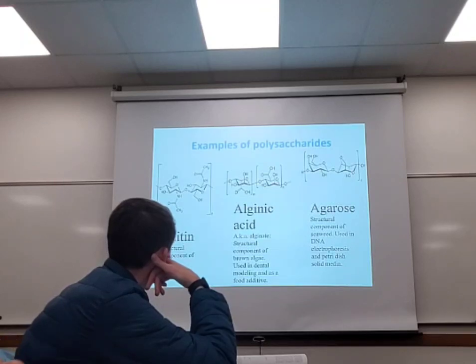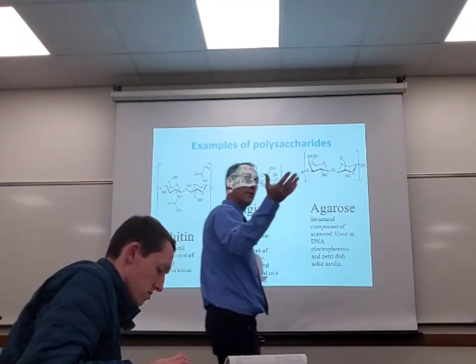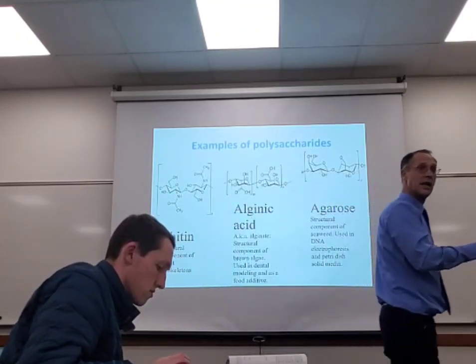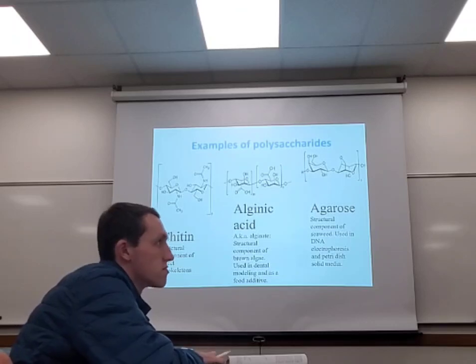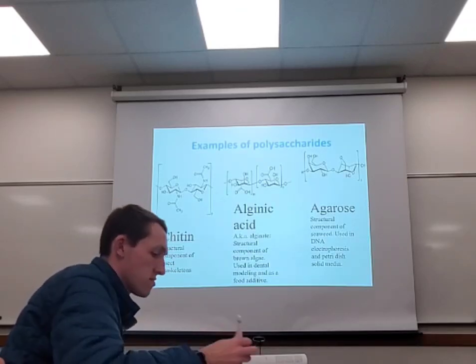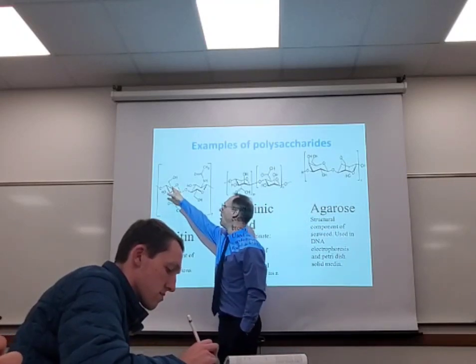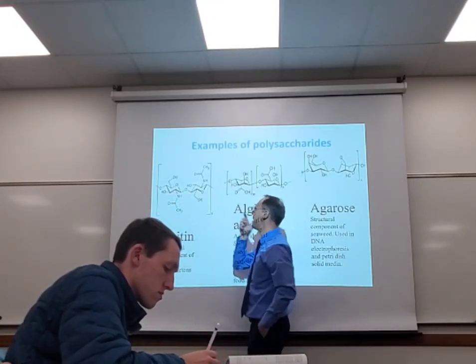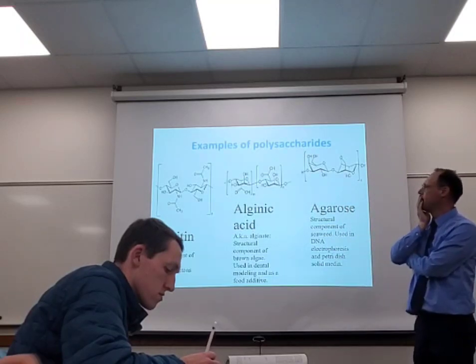It's like lobsters. It's the external exoskeleton of lobsters or crabs or also bugs, insects, right? Yeah. So is it soluble in water? No, it's not soluble in water. So what's its linkage? Alpha. Or sorry, no, that's beta.